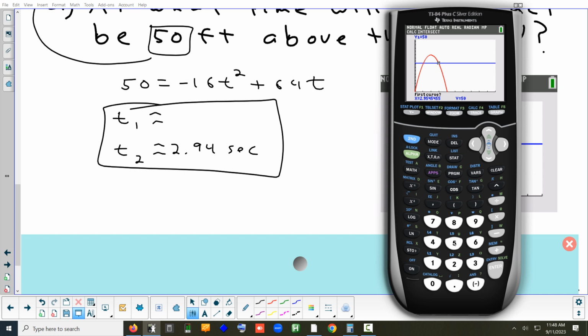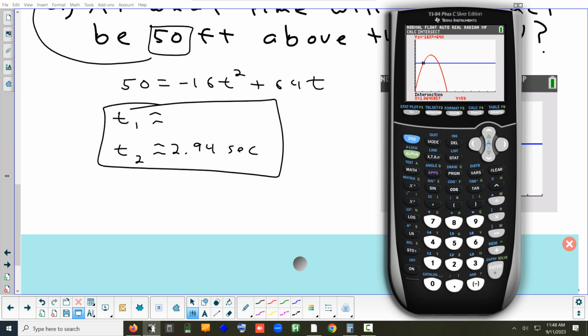So now we have to find the intersect one more time. So second, calc, 5. Pick a point anywhere on the blue line, right by trace, up at the top. Pick a point anywhere on the red. And now move your guess closer to the left side.